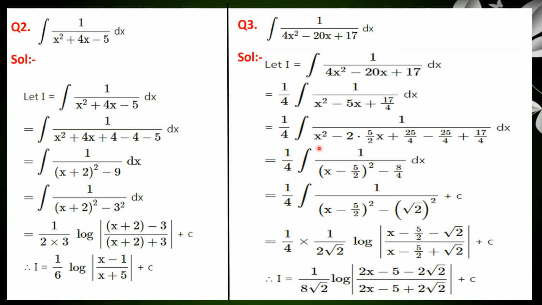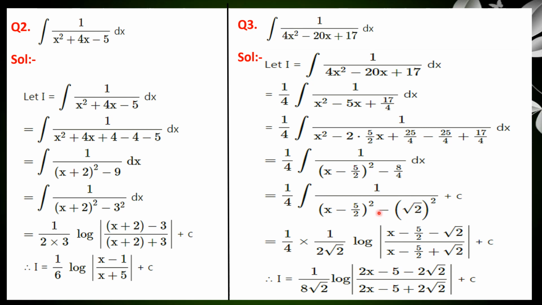So 1 upon 4 into integral. Using the first 3 terms we can easily write x minus 5 upon 2 the whole square, minus, the remaining terms we will simplify, minus 25 upon 4 and plus 17. So minus 8 upon 4, that is 2, and it is written as 1 upon x minus 5 by 2 the whole square minus 2 can be written as root 2 the whole square.